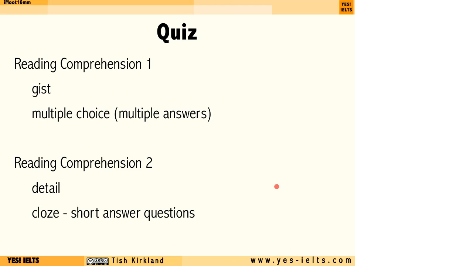And then the second time they read it is for detail. They're answering some more detailed questions about the ideas that are in that text. So for the first reading comprehension, I chose to do a multiple choice with multiple answers. And for the second one, I chose to do a cloze activity with short answer questions.